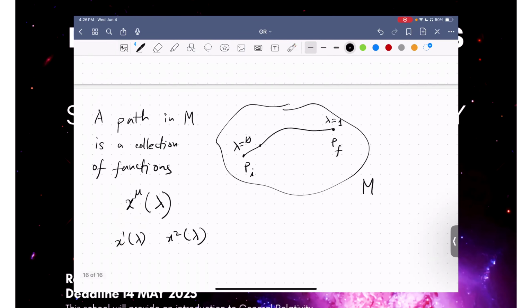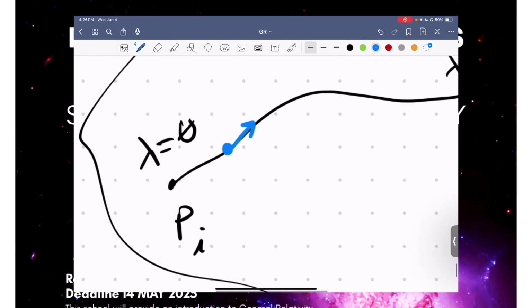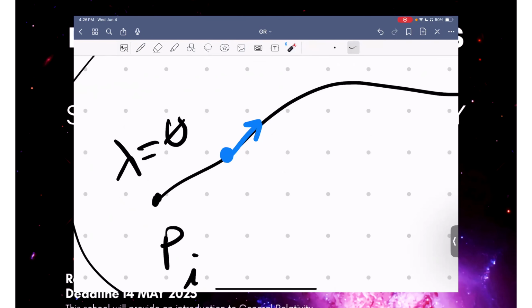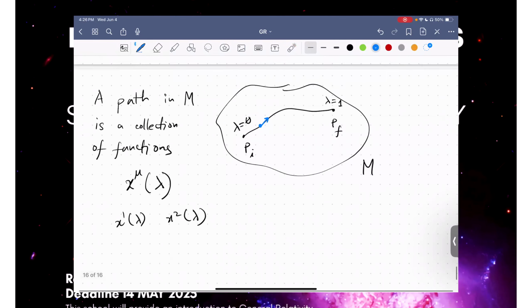So if this is how we are defining paths, then how do you write tangent vectors? Suppose at this point, a tangent vector is something like this. And if we zoom in on the tangent vector, then this tangent vector is, roughly speaking, the difference between this point and this point, right? So what does it mean?